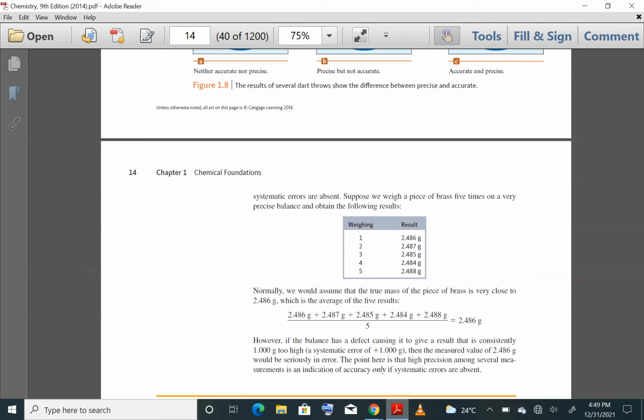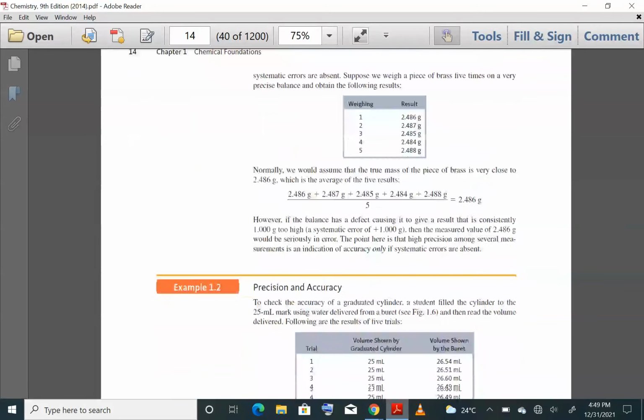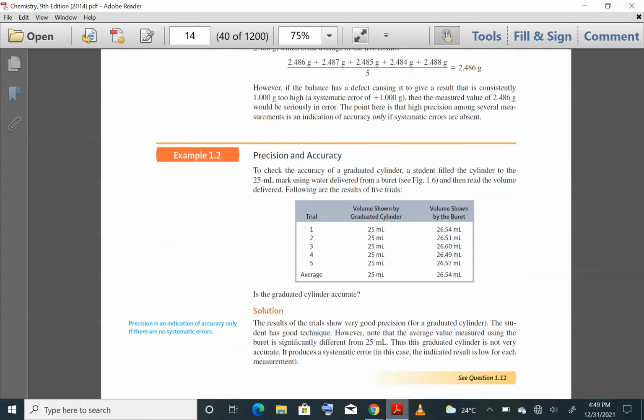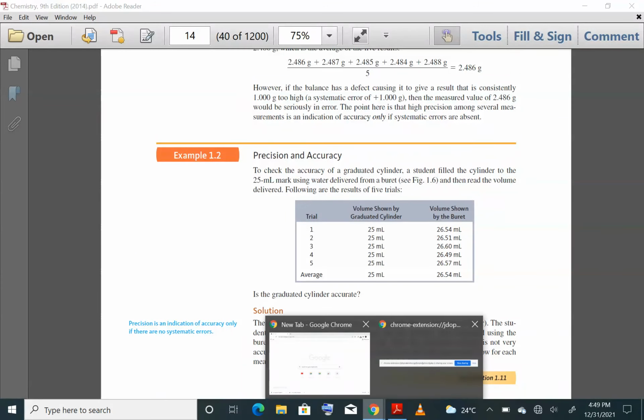So the point here is that high precision among several measurements is an indication of accuracy only if systematic errors are absent. That's important to take note of. I've explained that from the titration examples that I gave.